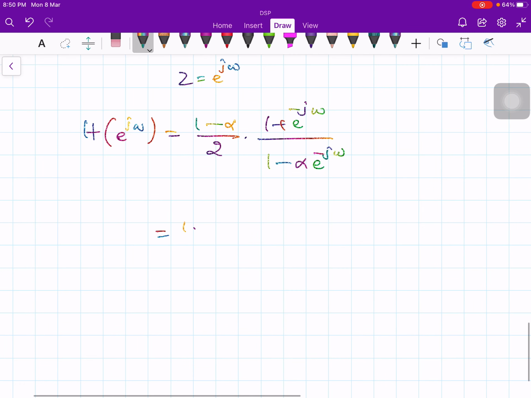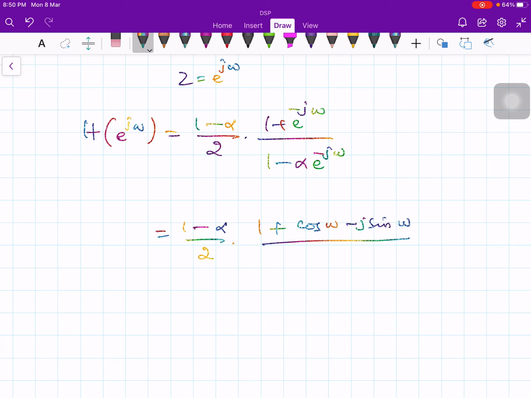It can be written as (cos omega minus j sin omega) divided by (1 minus alpha cos omega plus j alpha sin omega). This is h of e to the j omega.